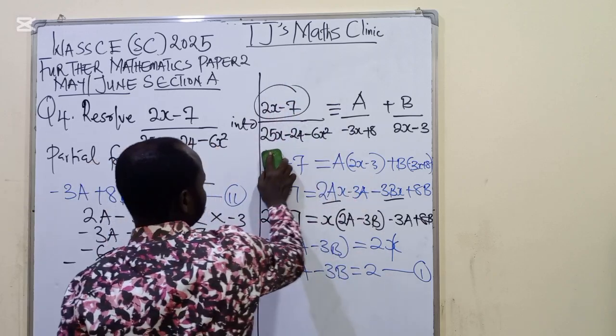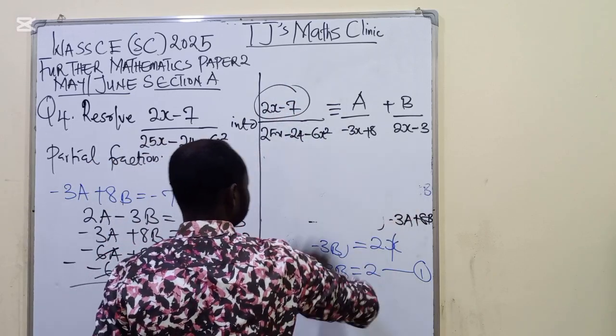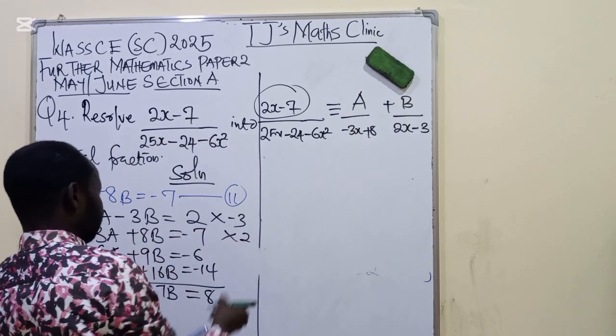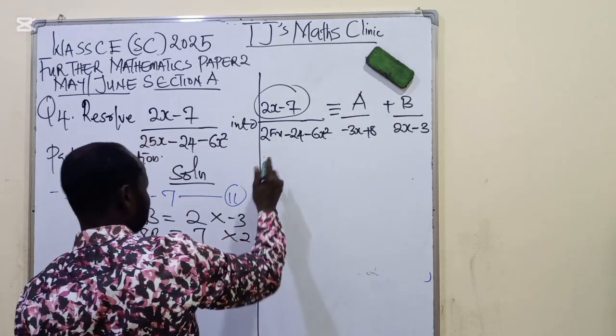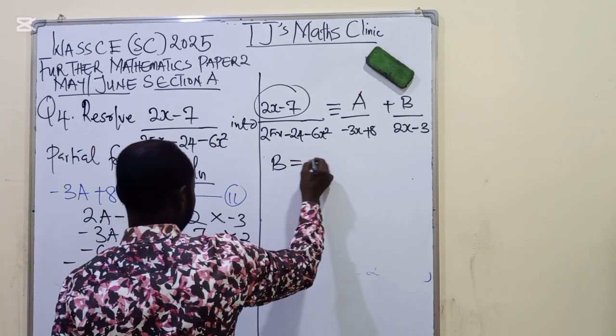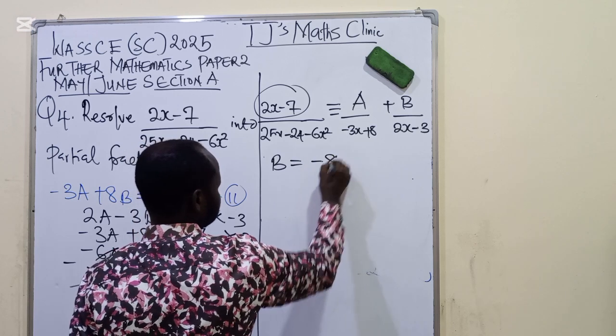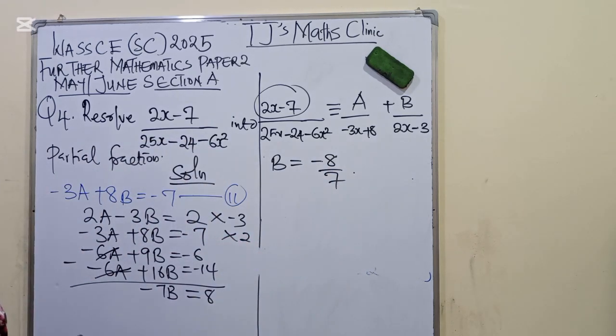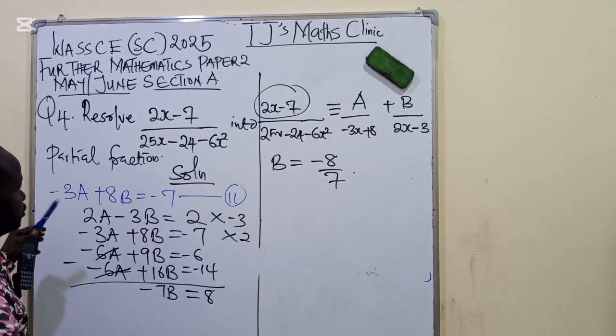Let's leave this expression and move here. Let's find b now by dividing both sides by minus 7. b now will be minus 8 divided by 7. If b is minus 8 divided by 7, what will be our a? Let's substitute into one of the equations.